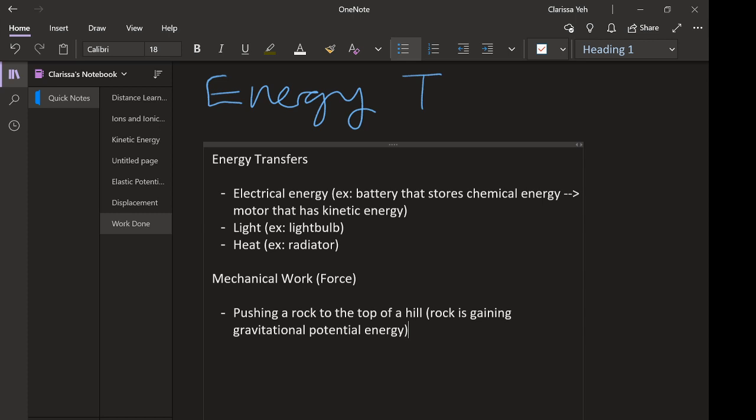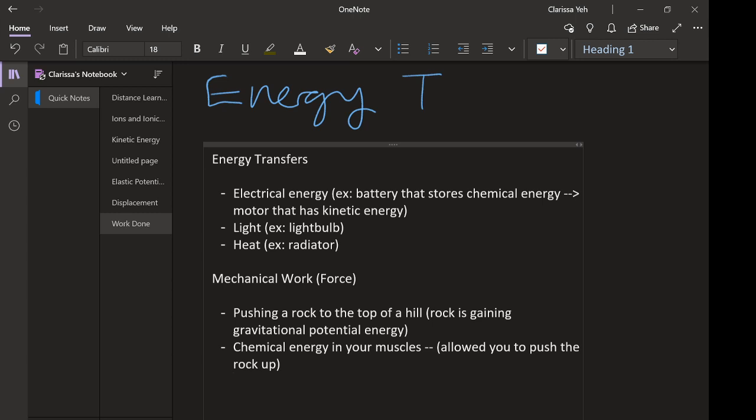Well, now think about you then. Where did the energy come from that caused you to be able to push this rock up? Well, you had chemical energy in your body, in your muscles. You're transferring it to the rock, increasing its gravitational potential energy.